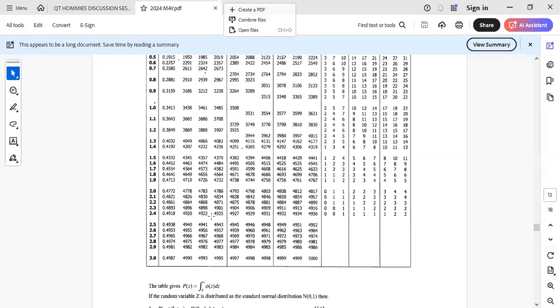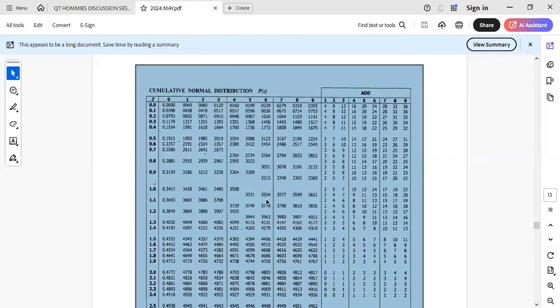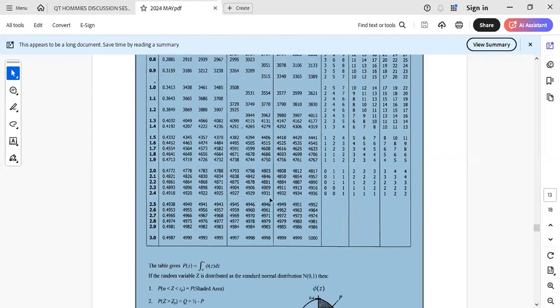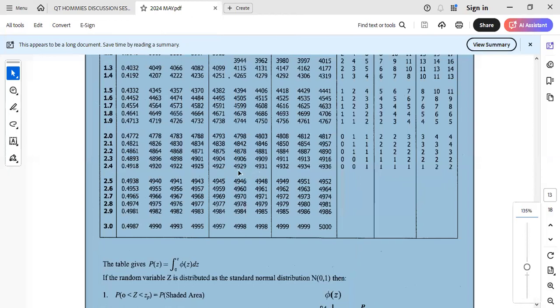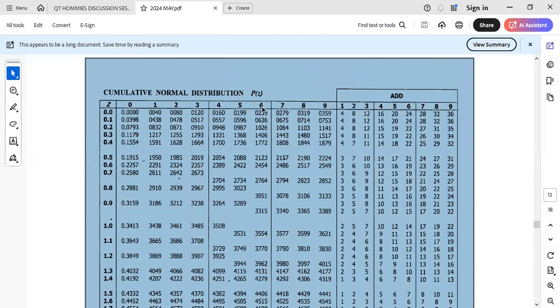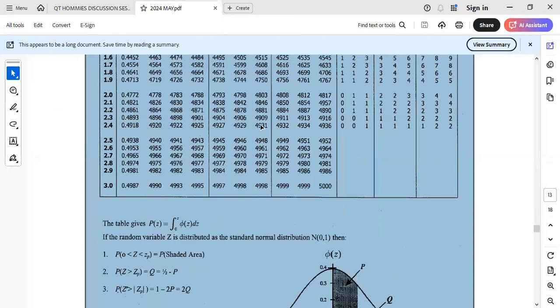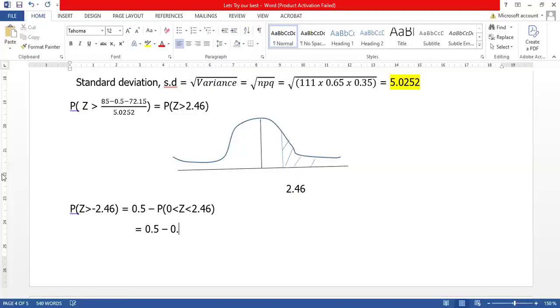24 is here. Then look for column 6. Column 6 is here. The meeting point. So it is 0.4931.